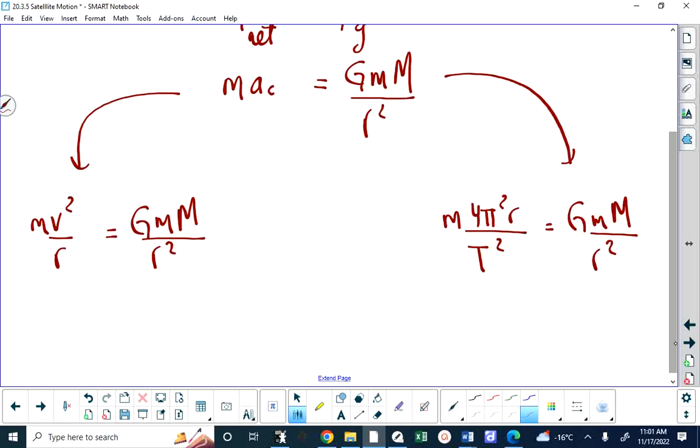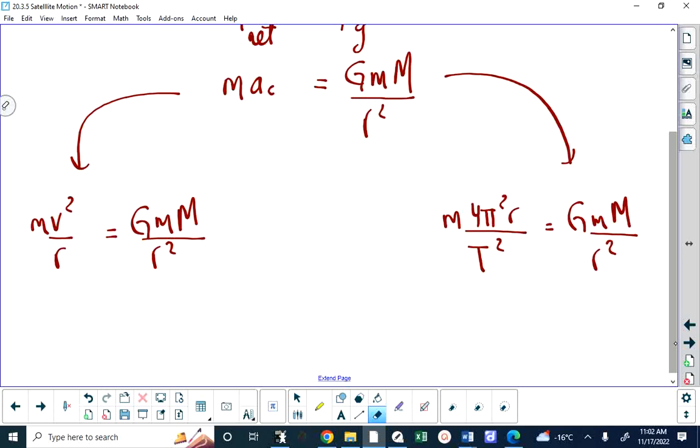You might think you're going to use this formula on the right and just find the period from the speed, but the speed is 2 pi r over the period, and you don't know r. You're just going in circles here. Again, everybody, the formula on the right is only ever necessary if you know the period and want to find r. That's the only time you have to use that.